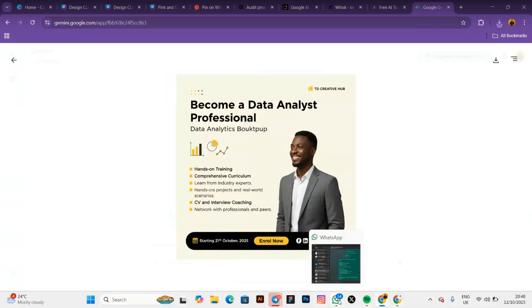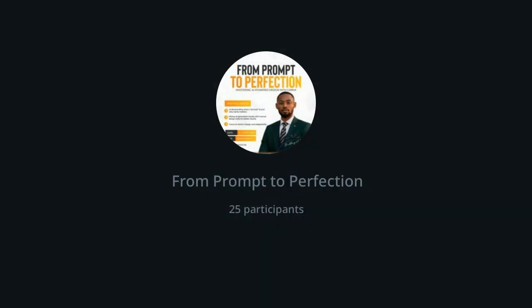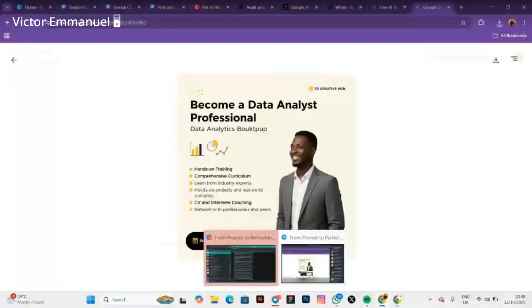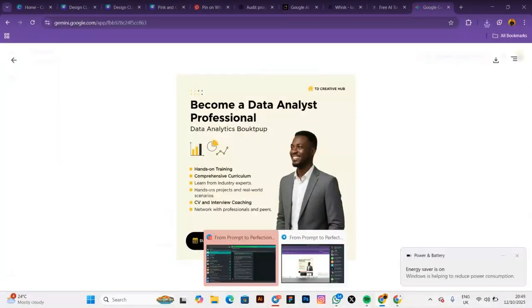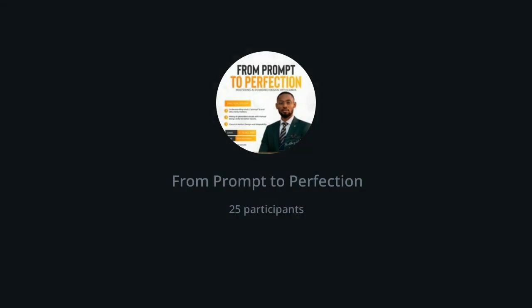So guys, this is it, and this is how this works. If you want to go into an advanced level of how to maximize AI and how to collaborate AI with other designing tools, currently you can see most of those designing tools like Photoshop are embedding AI into their systems.